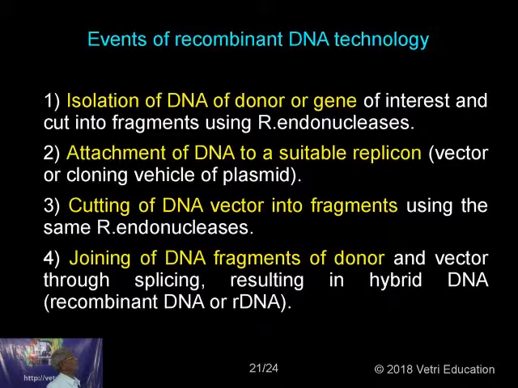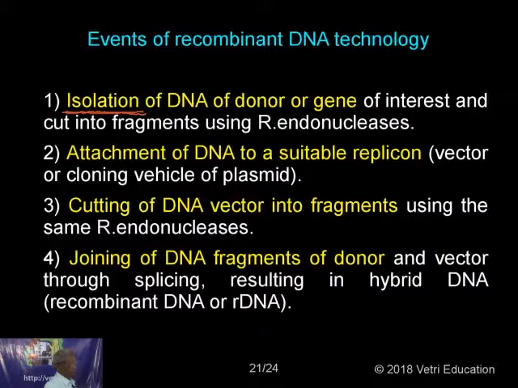Events of recombinant DNA technology. What are the different events? Isolation of the DNA of the donor or gene of interest and cutting into fragments using restriction endonucleases. So point 1 is isolation, the isolation of a donor DNA.